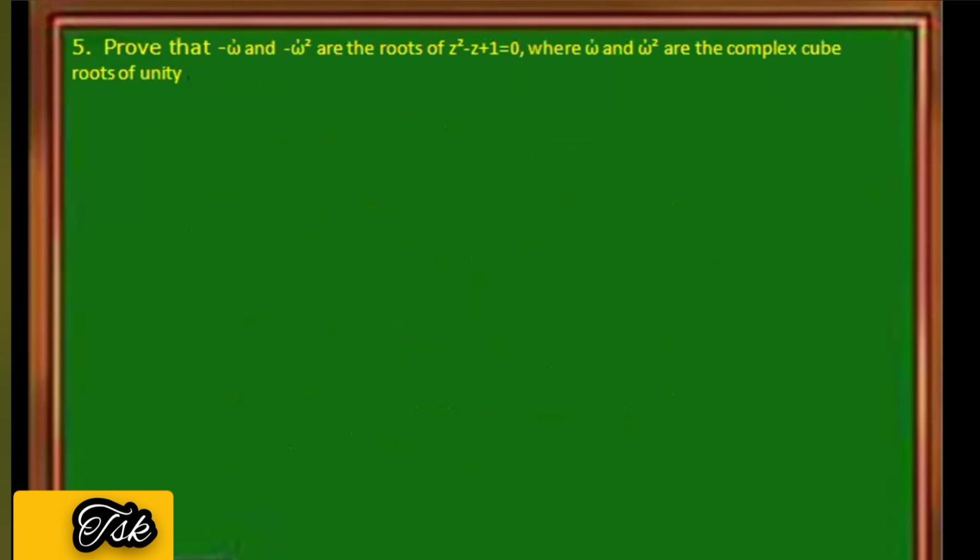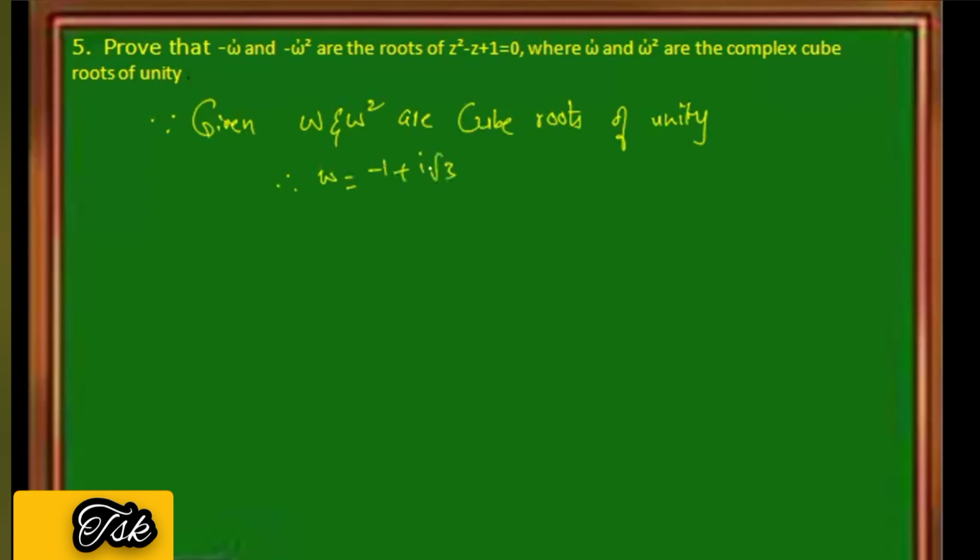Prove that minus omega and minus omega square are the roots of z square minus z plus 1 is equal to 0, where omega and omega square are the cube roots of unity. Since omega and omega square are cube roots of unity, omega is equal to minus 1 plus i root 3 by 2.